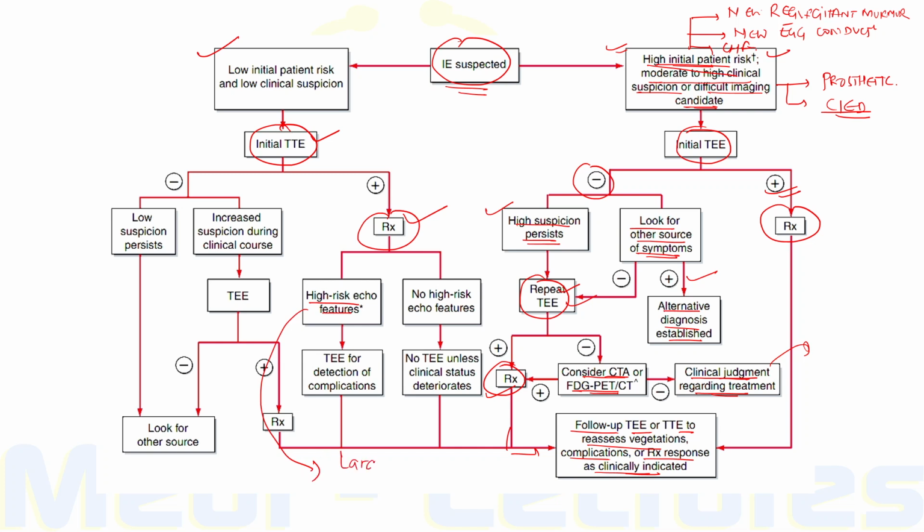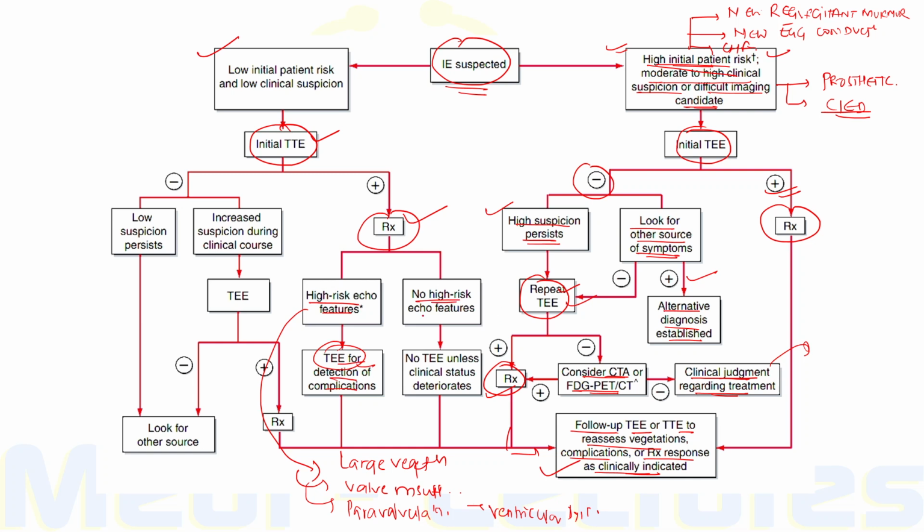Presence of very large vegetations, any valve insufficiency, paravalvular infection, which can lead to conduction defect, or any ventricular dysfunction, where the ejection fraction of the patient is decreasing. We have to go for transesophageal echo for detection of these complications and then follow up again.